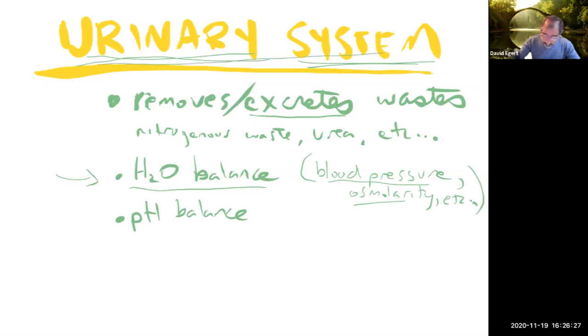The urinary system can literally pee out hydrogens or bicarbonates to do the main long-term control of your pH. When we look at pH balance as a whole in a little bit, we'll see the urinary system is a critical part of that. What other things does it do?